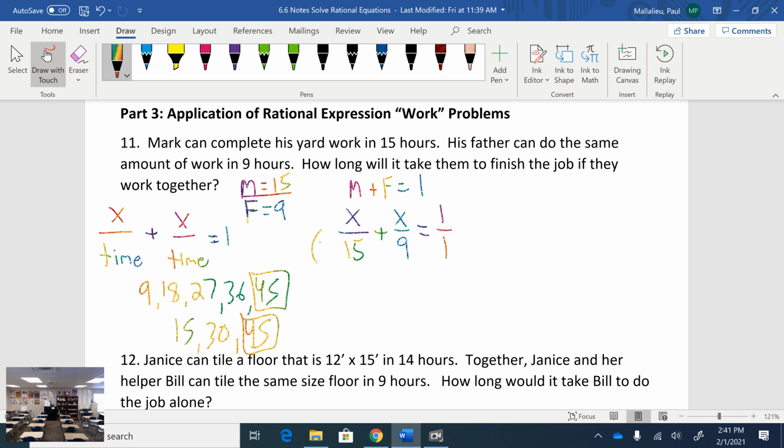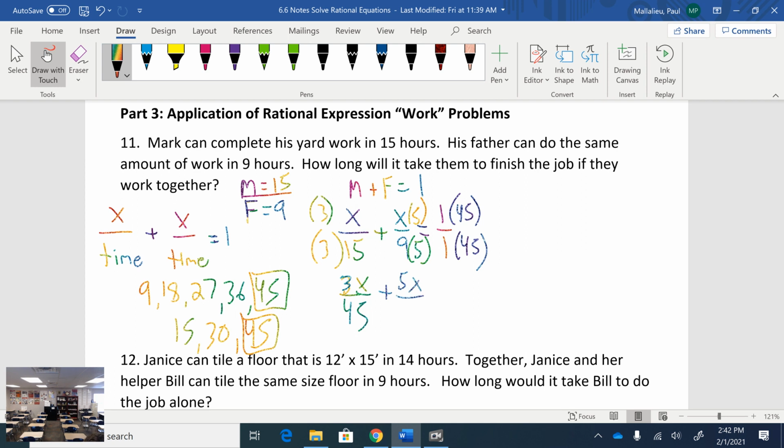So we need to multiply the 15, top and bottom, by 3. We need to multiply the 9, top and bottom, by 5. Now we're trying to get to 45. So keep that in mind when it comes to our 1. That needs to be multiplied top and bottom by 45 so they all match.